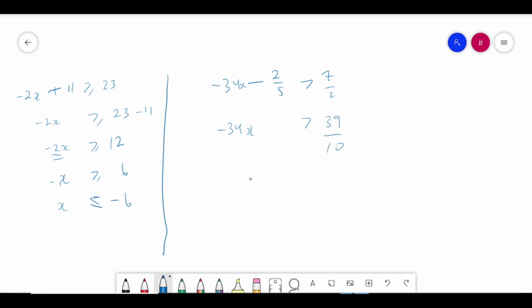And we have minus 34x in this case, because we want to do the sign changing last, so we're going to divide both sides by 34.